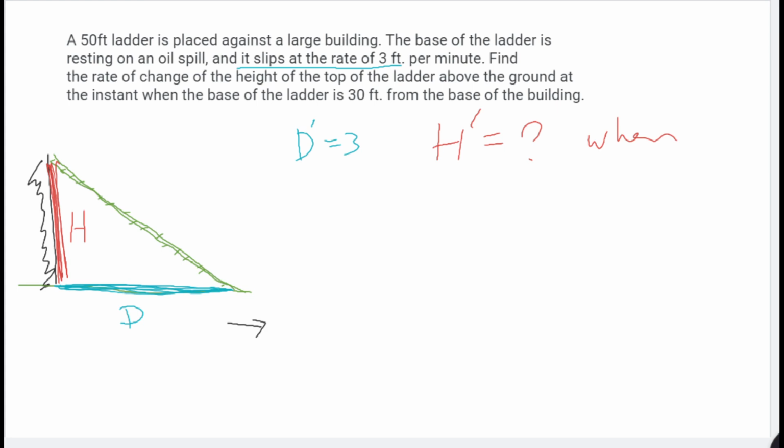When H is 30. Oh, when the base of the ladder, sorry, no. When D is 30.